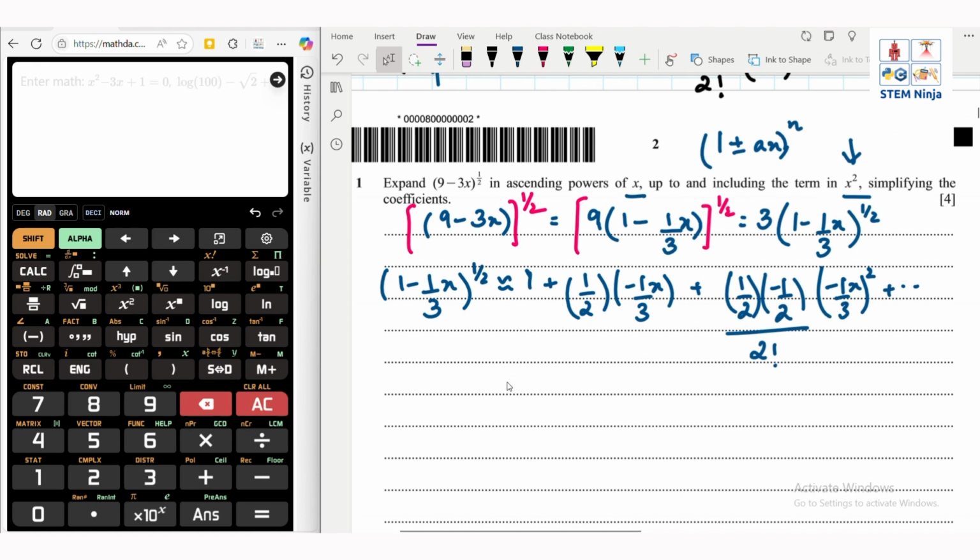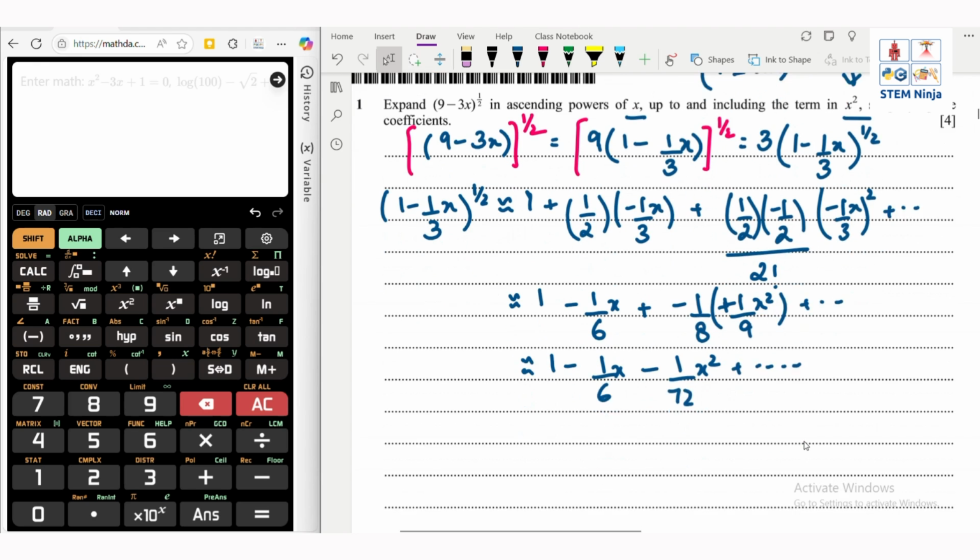So let's simplify this. 1 minus 1 over 6x plus minus 1 over 4 divided by 2. That becomes minus 1 over 8, times 1 over 9x squared. So this simplifies to 1 minus 1 over 6x minus 1 over 72x squared.